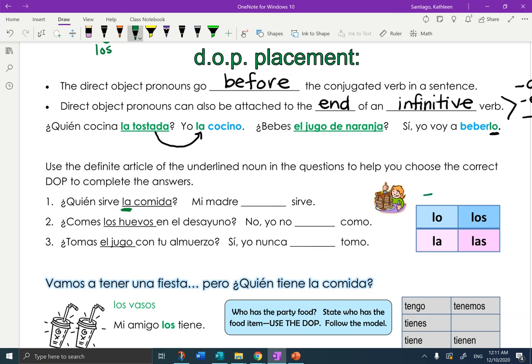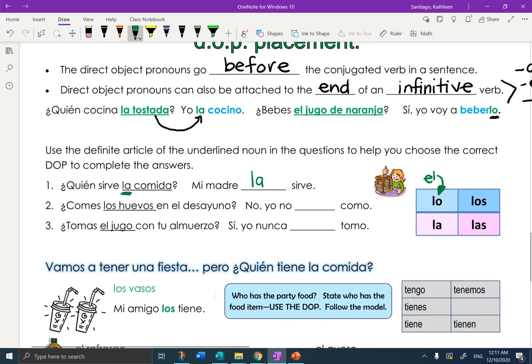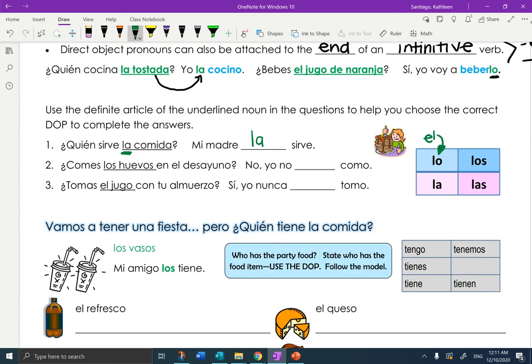Remember, the only one that is different is el becomes lo to say it. So la stays la. Who serves the food? My mom serves it. Okay. Pause the video if you need to do dos y tres on your own.